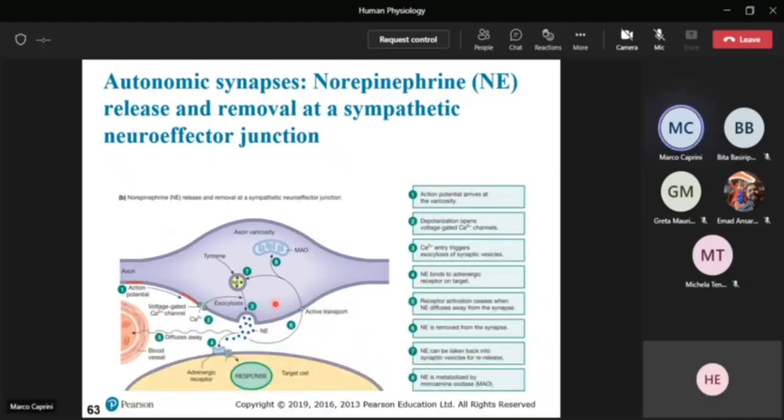Let's see an example here. The norepinephrine, noradrenaline, is released by the sympathetic nerve effector junction. This is a neuron.